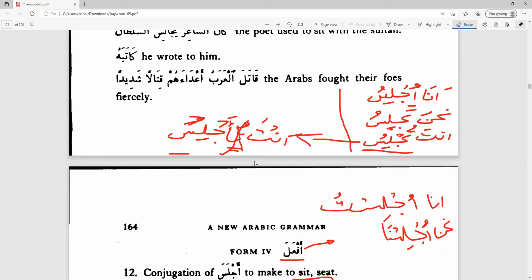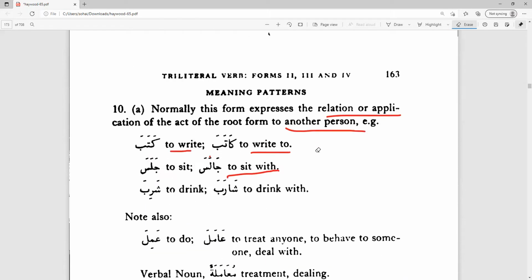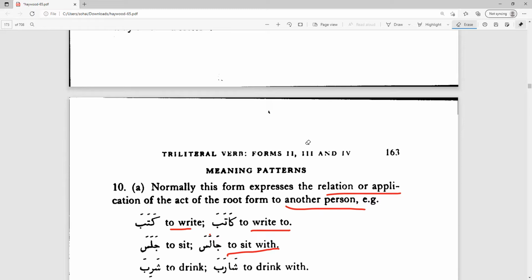If I command someone to sit, what would be the difference? You tell me if you apply the rules we learned. That would be ijlis, with a kasra. Yes, ijlis.